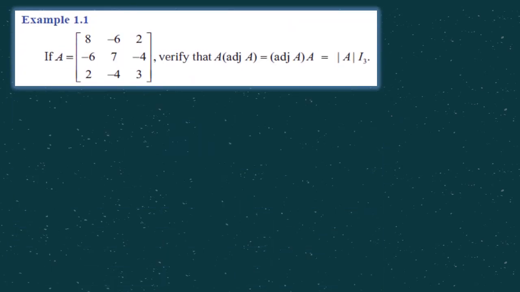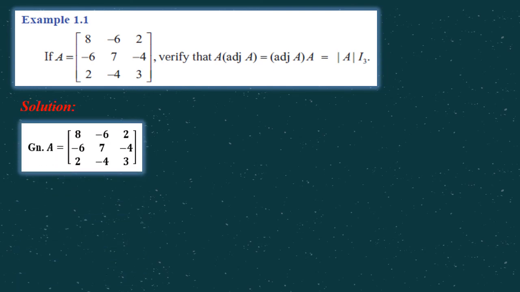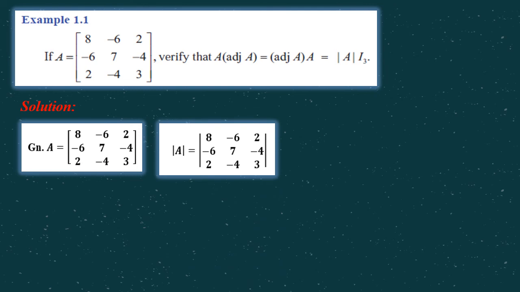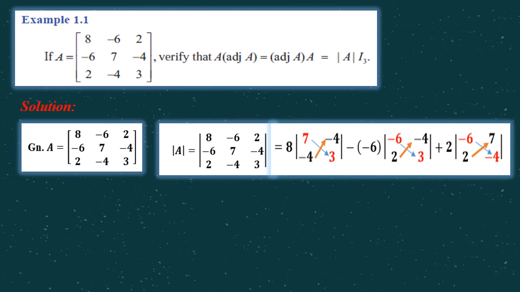Now example 1.1. We need to verify the previous theorem with this example. We are given a matrix A, so take down the matrix A. Now we need to find determinant A first. We can expand by any row or column. It is logical to expand by any row or column, but usually we prefer the first row, so here I have preferred the first row.